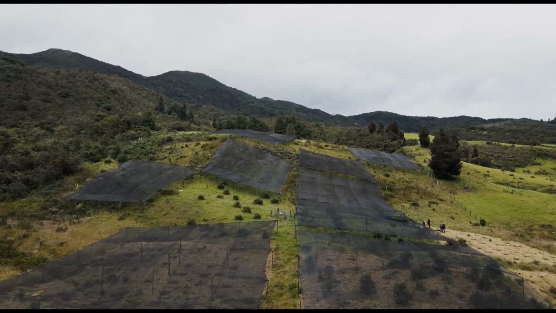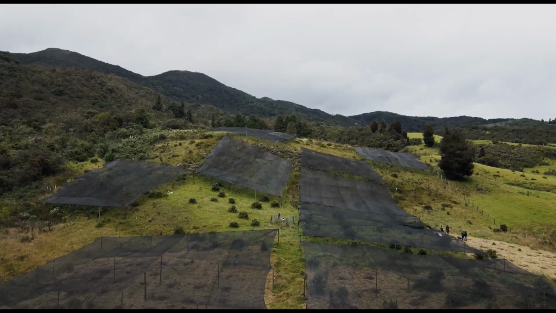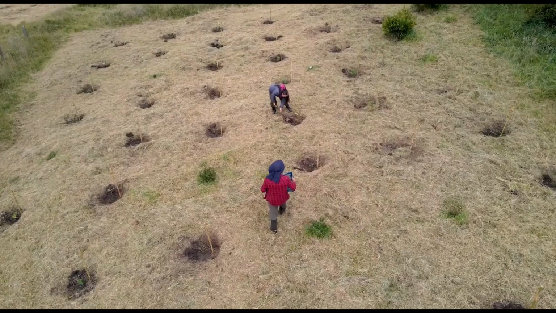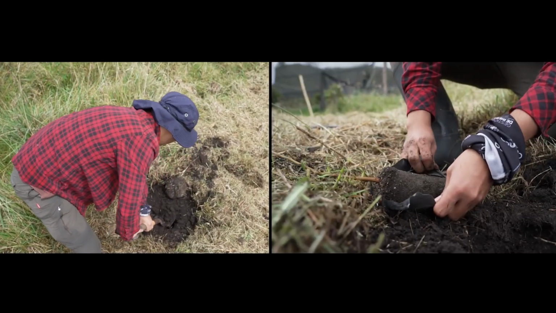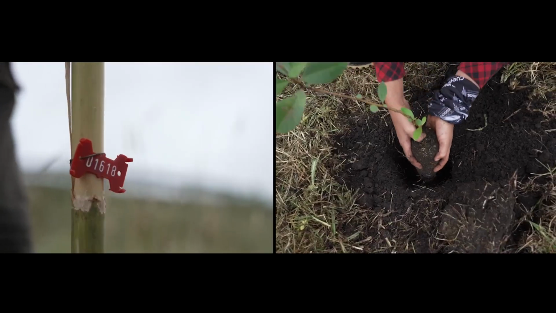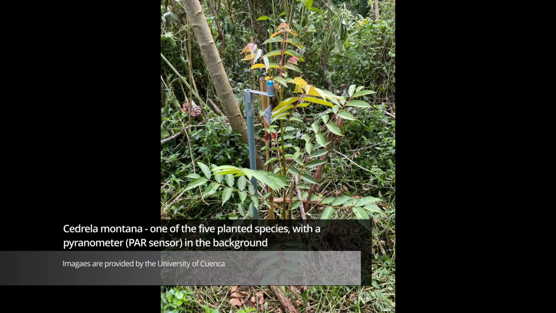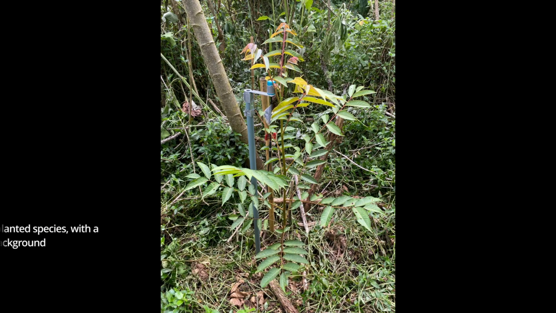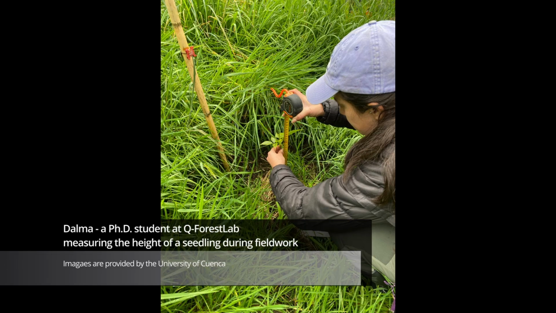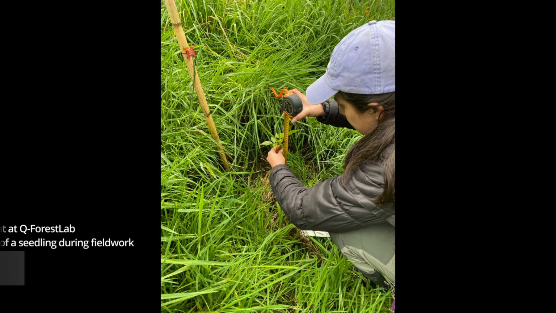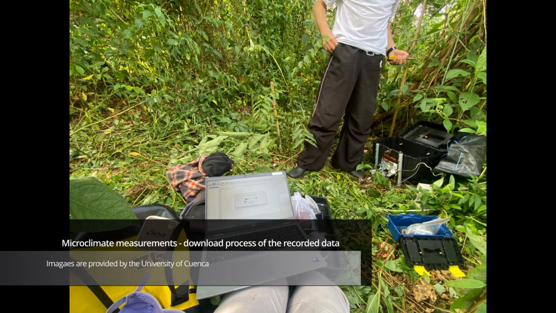So in some of those plots we remove the grasses, which makes it easier for the trees to grow, and in some of those plots we use shading in the first years of the tree growth, and then we also have control plots. There we can really, under controlled conditions, at the different altitudes, see how the growth of each of those local tree species is going, and that will hopefully lead to good recommendations of species choice to the practitioners.